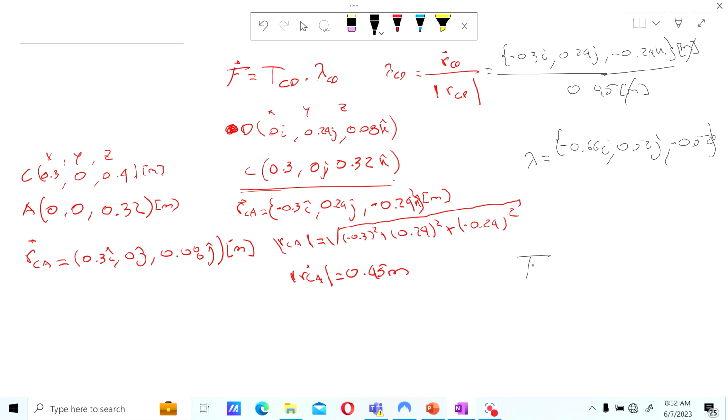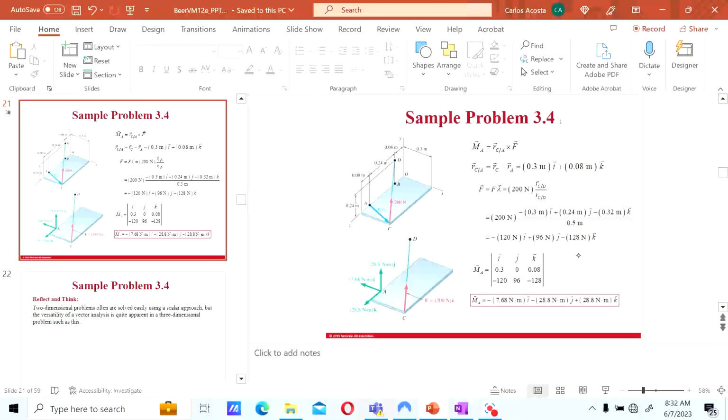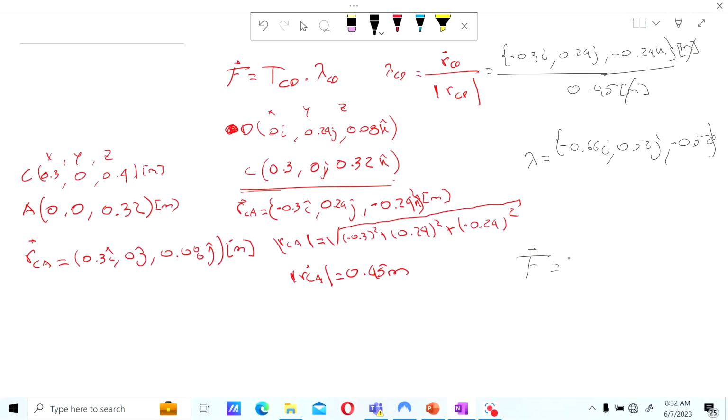So our force is equal to 200 newtons times lambda, which is equal to, let's see, times 200, negative 132.4 newtons, comma, times 200, it's 105 in J, comma, negative 106.